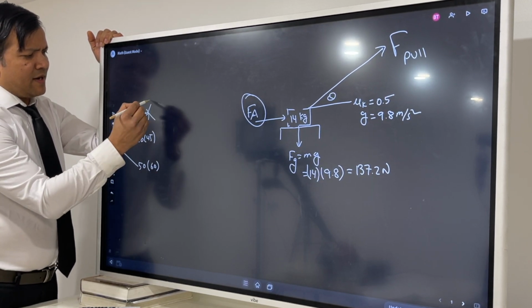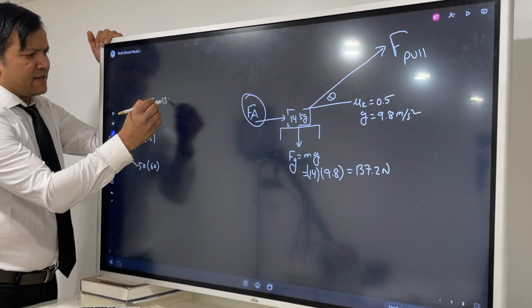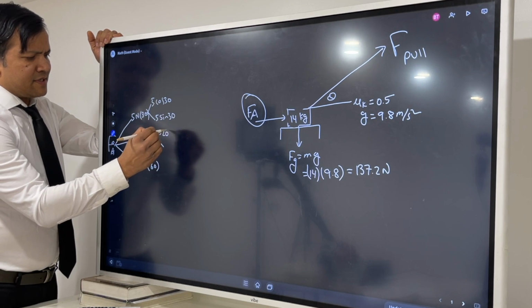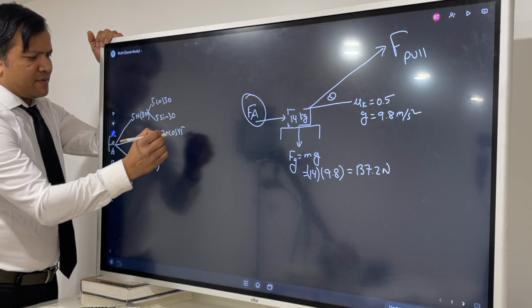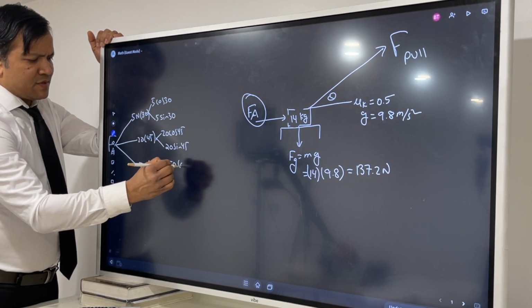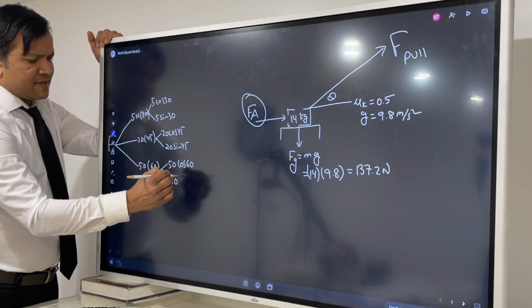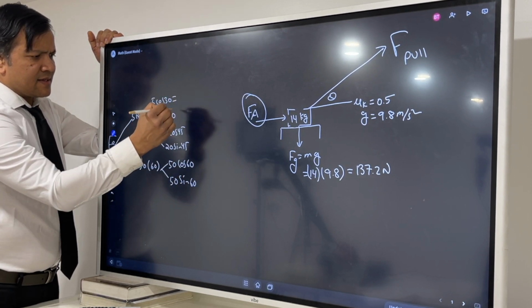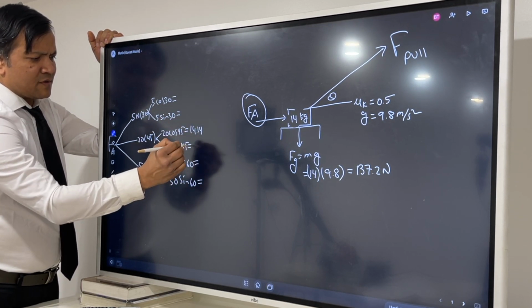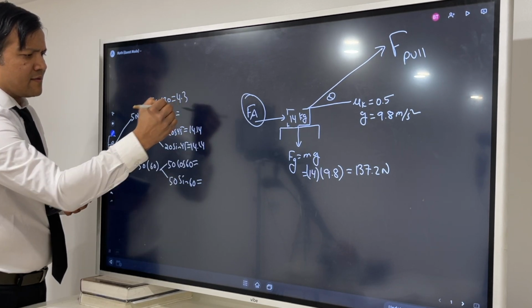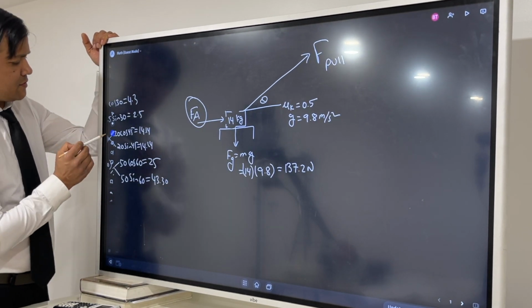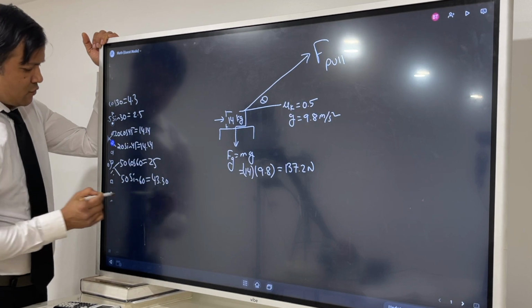We're going to do 5 cosine 30, 5 sine 30, 20 cosine 45, 20 sine 45, 50 cosine 60, 50 sine 60. So this is probably 14.14, 14.14 of 3.30. Okay, good. Now we can erase this to make room.